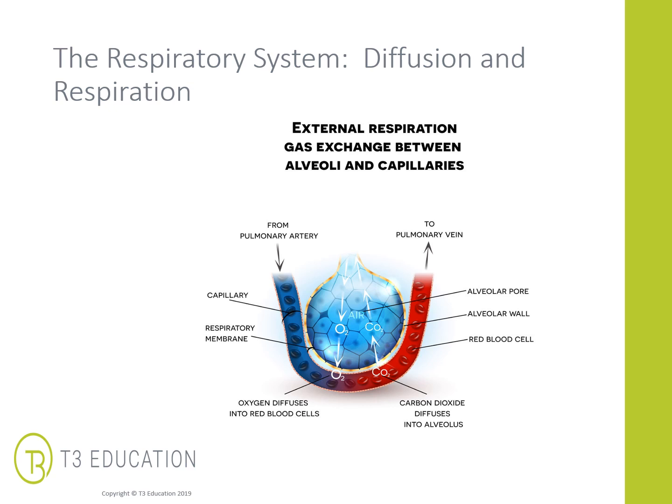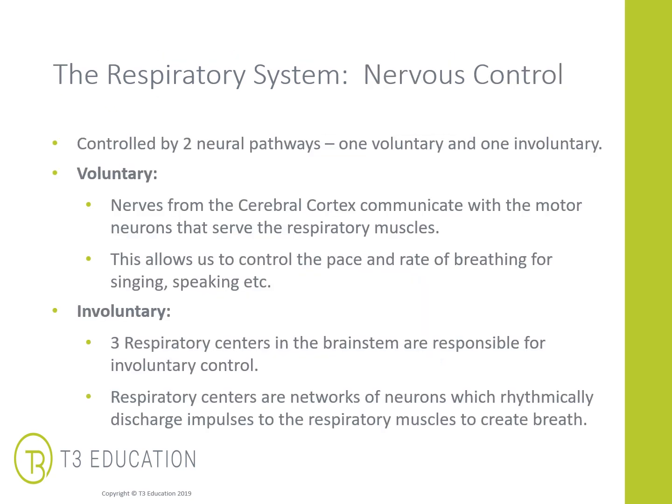Exhaled air is about 4 to 5% less oxygen and 4 to 5% more carbon dioxide than inhaled air. So it's about 15% oxygen on exhalation, where it's closer to 20% on inhalation.